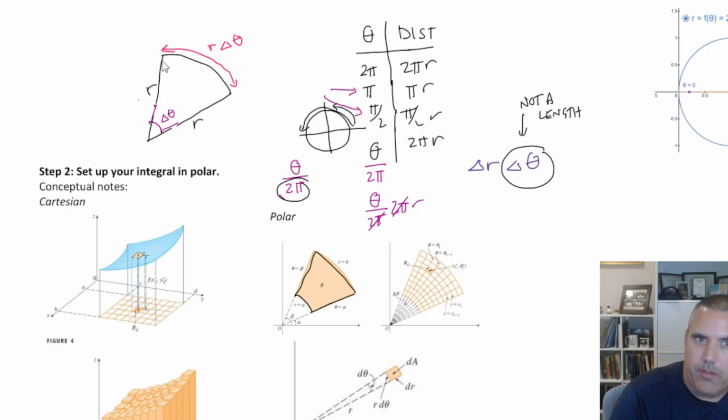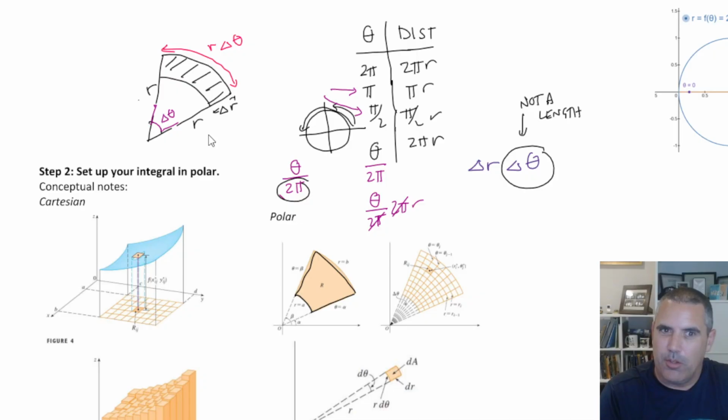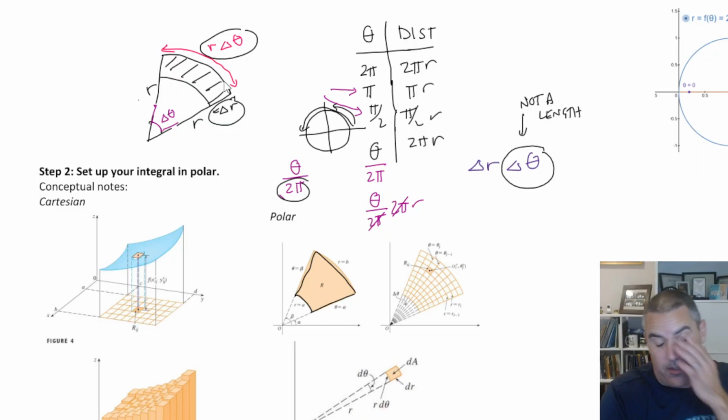If I then want the area of this piece, and this is the change in r, then the area will get closer and closer as you get smaller and smaller to this length times this length. Now I've done this more precisely where I use the midpoint and I showed how it approaches.